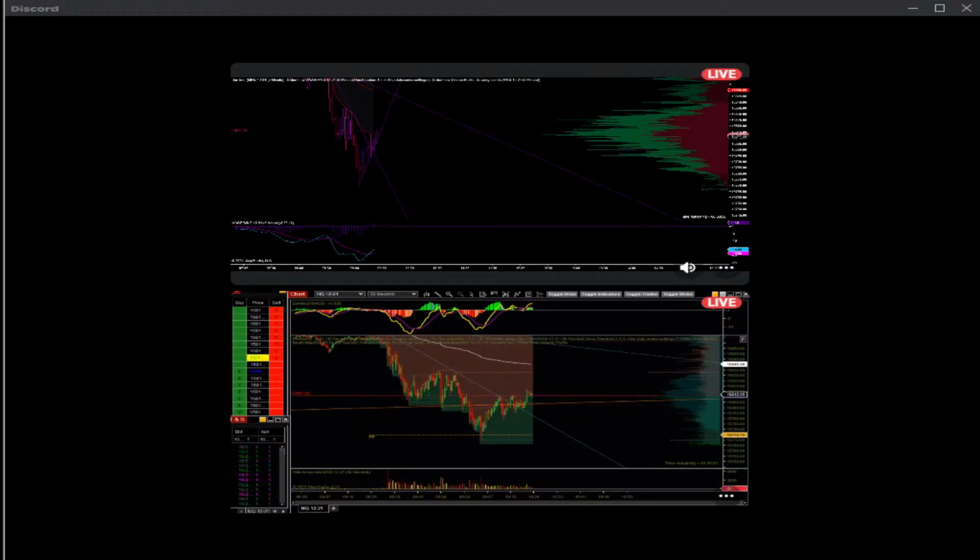POC went up. Volatility is very, very high at the moment.